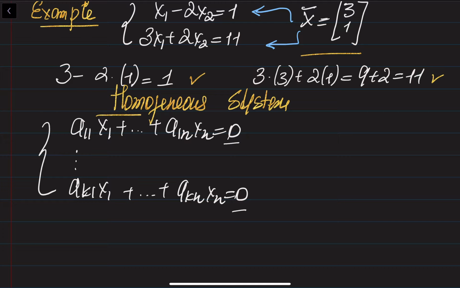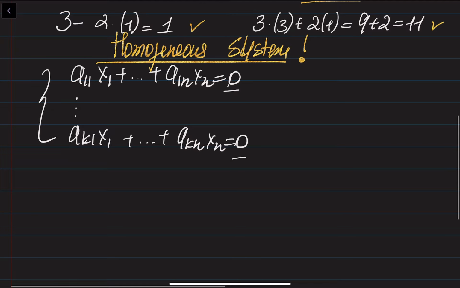The homogeneous systems of linear equations are really important because later on we're going to talk about constructing the solution spaces for systems of linear equations. And in order to construct such spaces, we would need the solutions of the homogeneous system of linear equations. One thing I note from here is that any homogeneous system of linear equations has a solution.